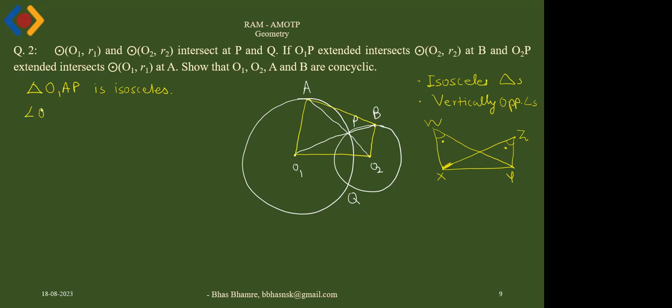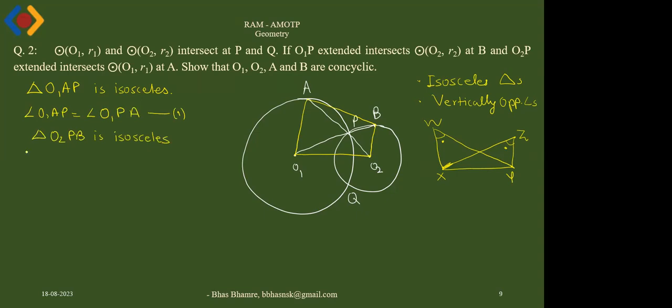So angle O1AP is equal to angle O1PA. Say it as number 1. Then triangle O2PB is again isosceles because of the radii of the same circle, O2P and O2B.